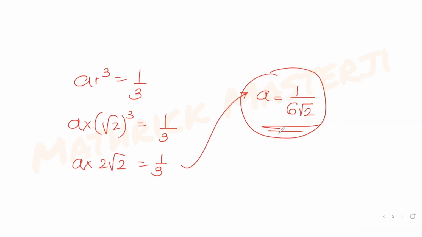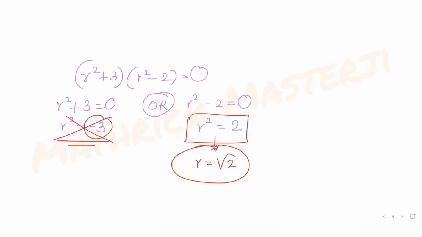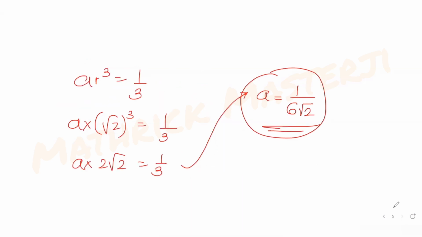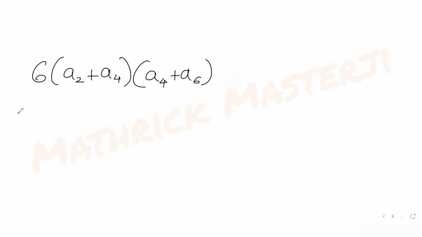Now once I have the value of a, I also have the value of r. Let me find the value of the expression given to us, that is 6 times the second term plus fourth term, and in the second bracket, fourth term plus sixth term. So you get this 6. A2 is nothing but a into r.